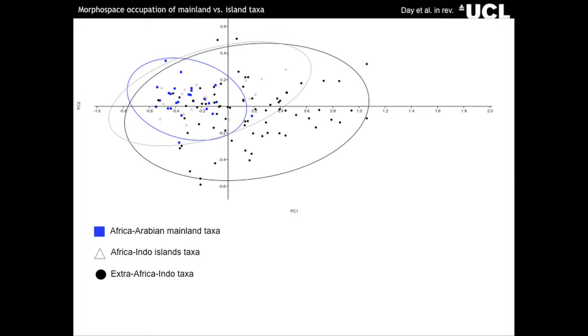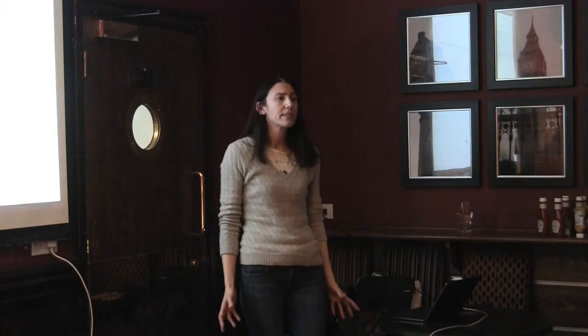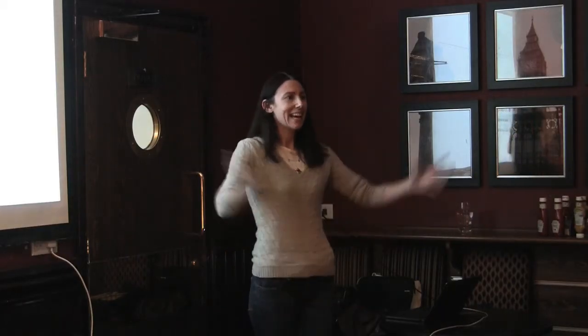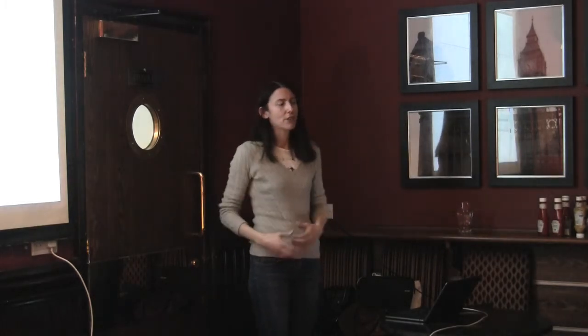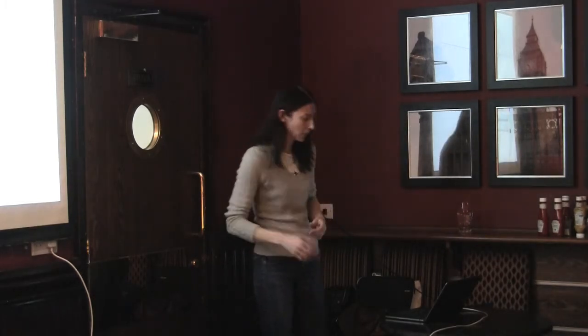They're probably causing that expansion of morphospace. And when we look at the Zosteropidae as a whole, so everything outside of that radiation I've been talking about, we can see again there's a much bigger expansion of morphospace. So there's much more evolutionary novelty going on. And of course, if you live on an island, it allows you to evolve on new evolutionary trajectories compared with living on the mainland.